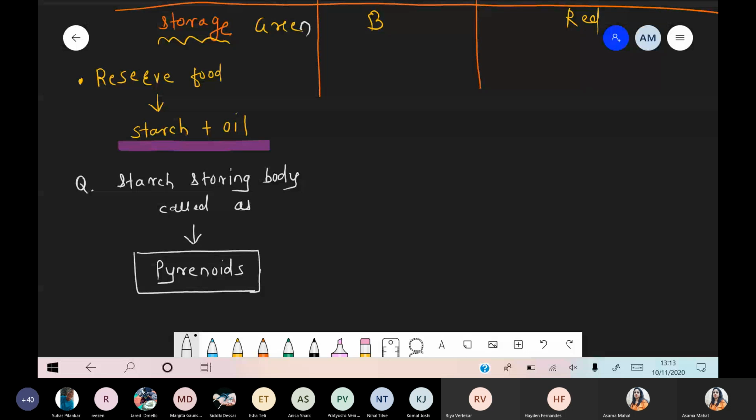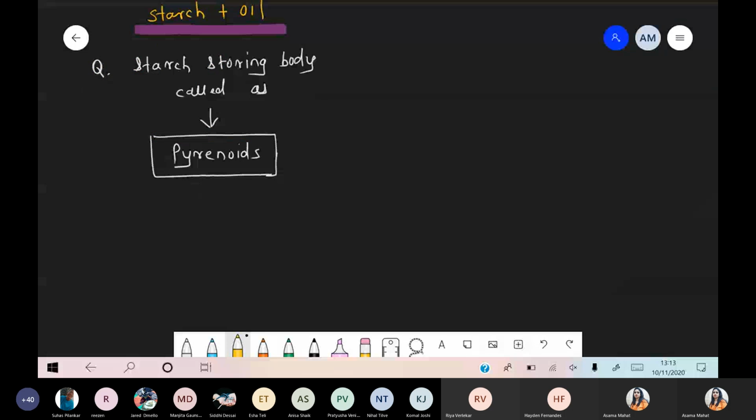Now, one hard level question may be asked with respect to pyrenoid, a simple straightforward question according to previous NEET 2016. What is the starch storage body? The storage body which is present in green algae, that is pyrenoid. Pyrenoids are basically made up of starch. But sometimes we have to remember this point. At the center there is a presence of a certain enzyme.